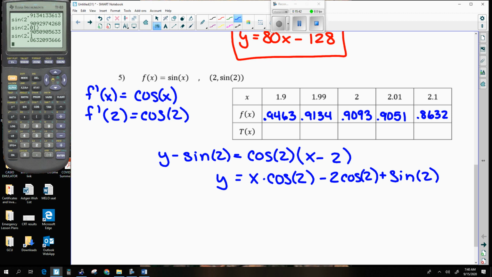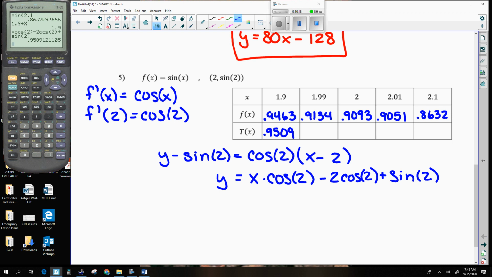Now I am going to check out x cosine 2 minus 2 cosine 2 plus sine 2. 1/100th off, not even a half of 100.